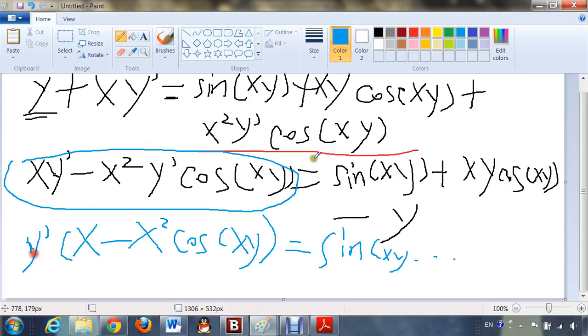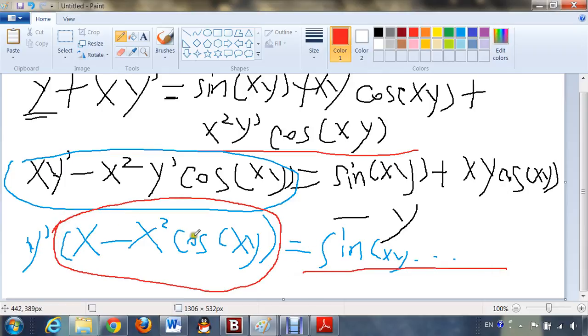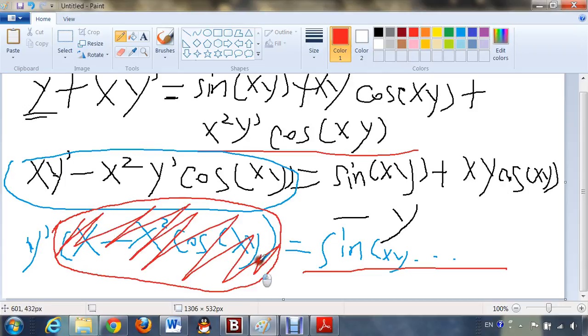To solve for y prime, you just divide the right side by this part that I'm highlighting.